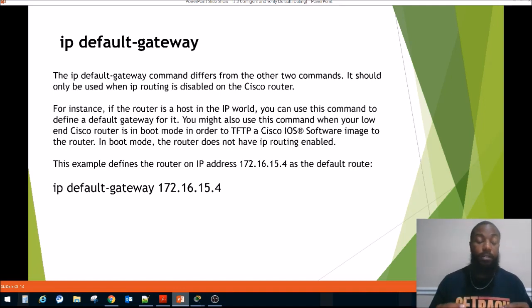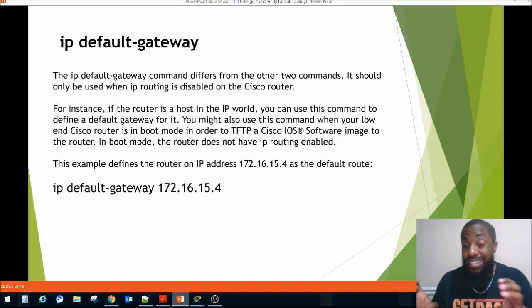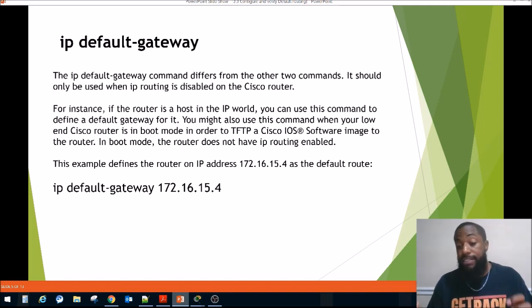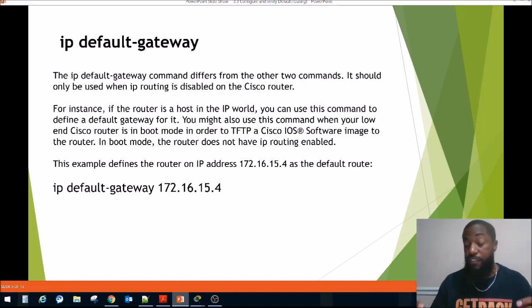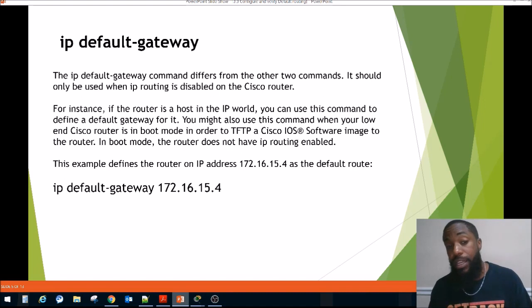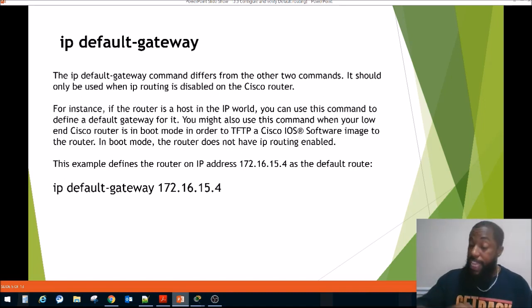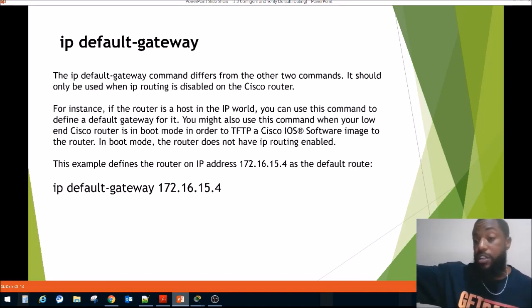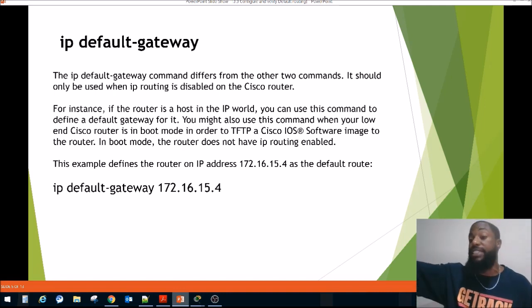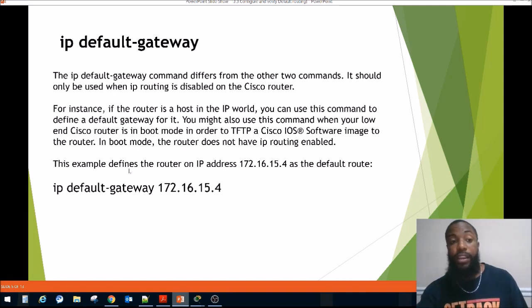Now, if it's off and you want to keep it off, you don't want to use this switch as a router, or it's even a layer 2 switch, and you need to configure a default gateway, you would type in this command, ip default-gateway, and then the address you want to point it to in order to get out of your neighborhood, essentially.